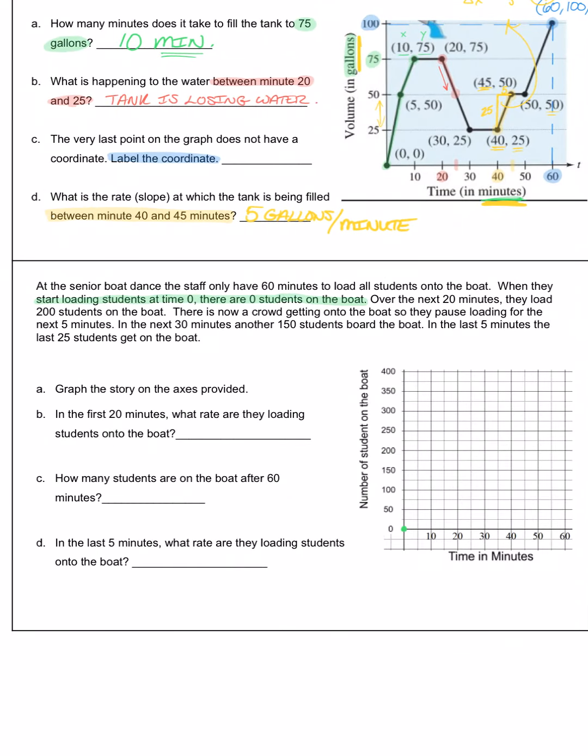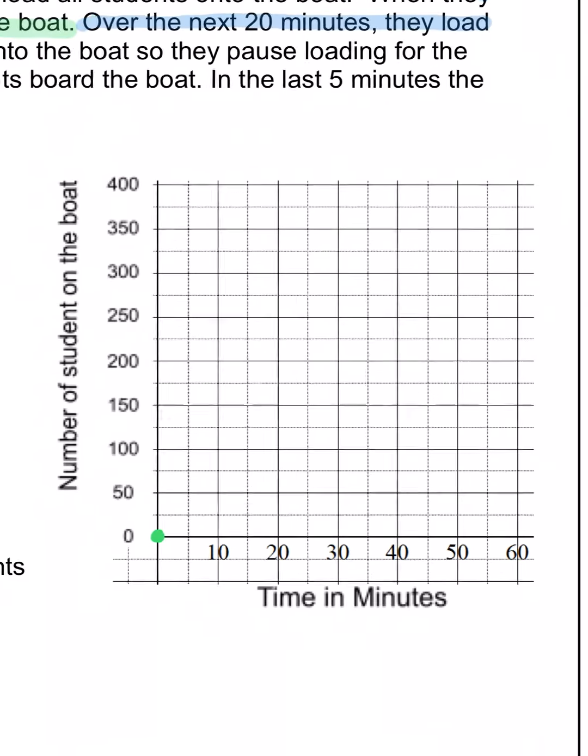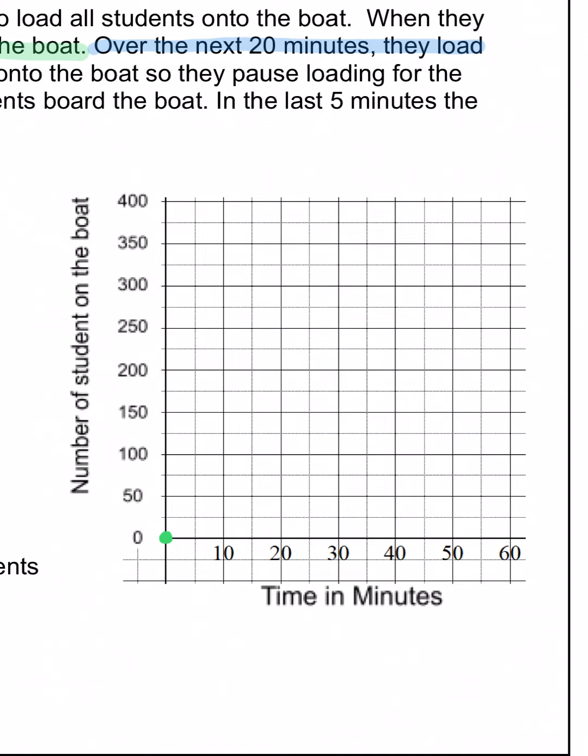The next part. It reads, over the next 20 minutes, they load 200 students on the boat. Okay, so just remember, we're at time 0. We want to go the next 20 minutes.